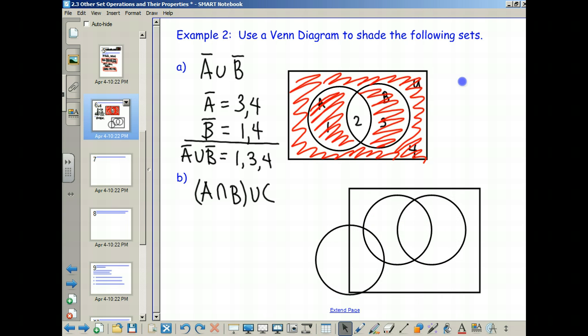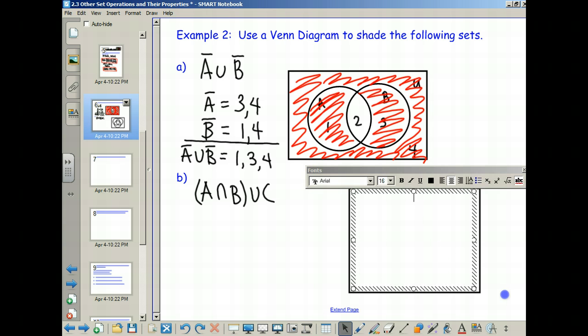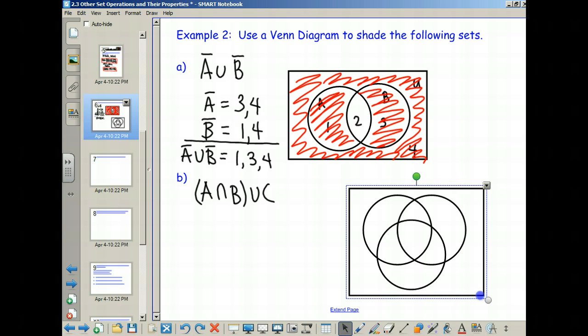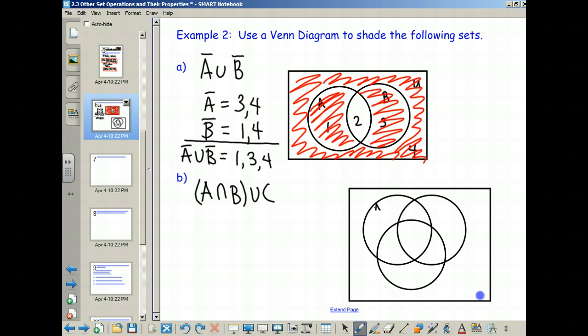They all need to overlap, and it kind of looks like the Olympic rings. Okay. I have sets A, B, and C, and here's set U on the outside. I do not have 4 regions anymore.